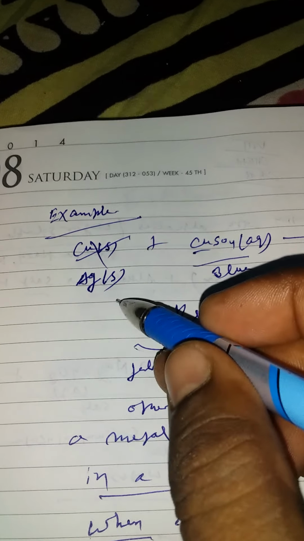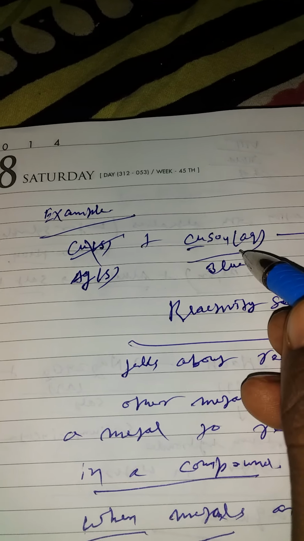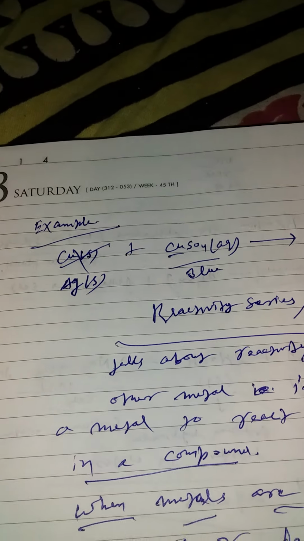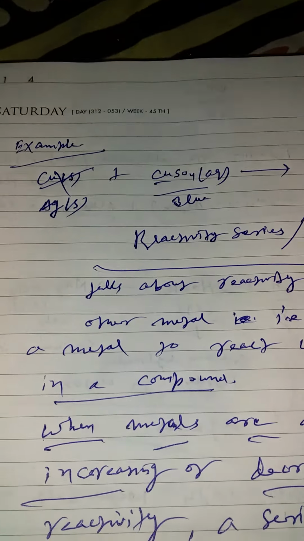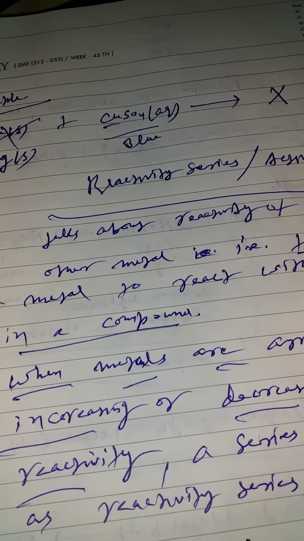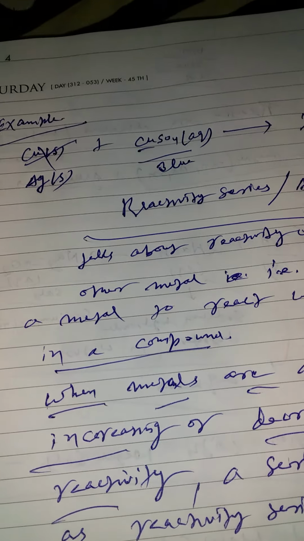Therefore, silver does not displace copper in copper sulfate solution. Therefore, displacement is not possible. So, with the help of reactivity series, we confirm either displacement is possible or not possible.